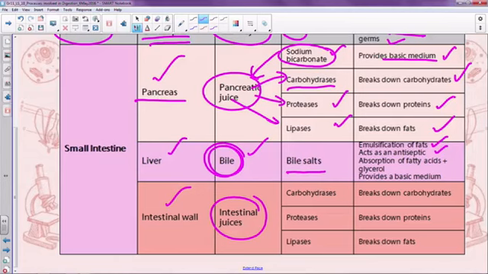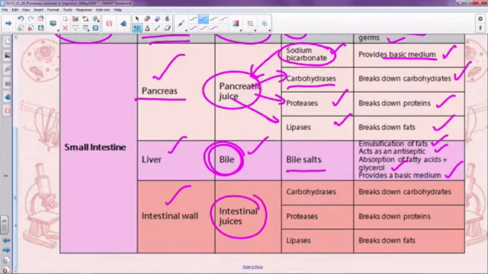It also plays an important role in the absorption of fatty acids and glycerol. We know that the liver absorbs that through the hepatic portal vein, transporting those absorbed nutrients, and it contributes to providing a basic medium for the functioning of those gastric juices.